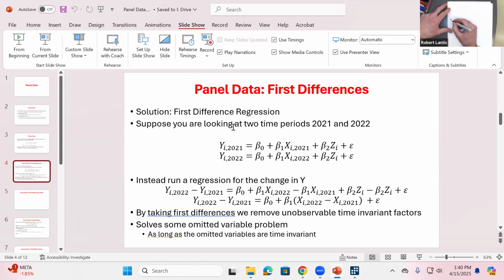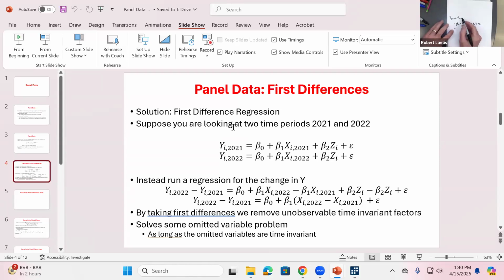So if I took 2022 and I subtracted 2021, what is the equation that we would have for 2022? This would be the coefficient for the constant, plus the coefficient on X for 2022, plus the coefficient on that Z term, plus the error, right?